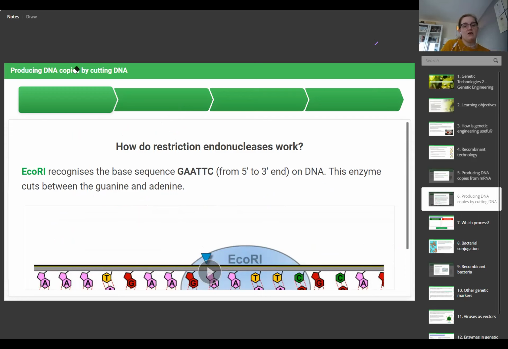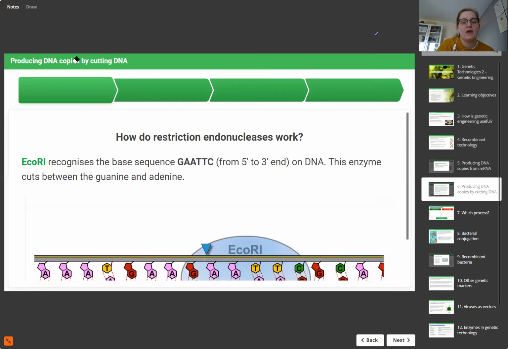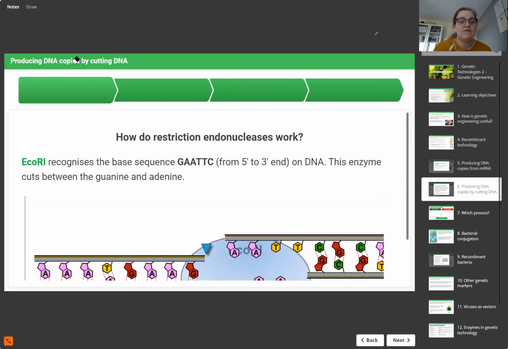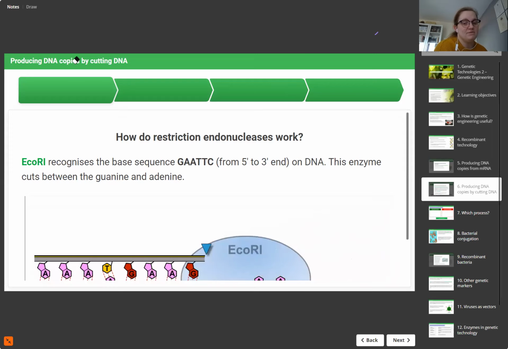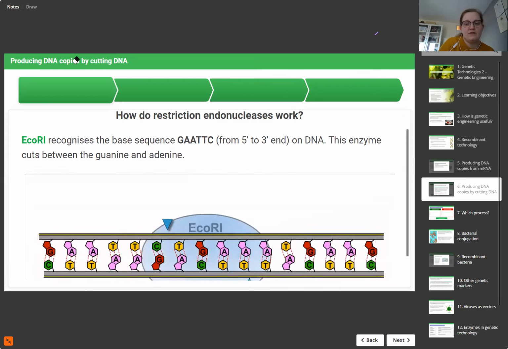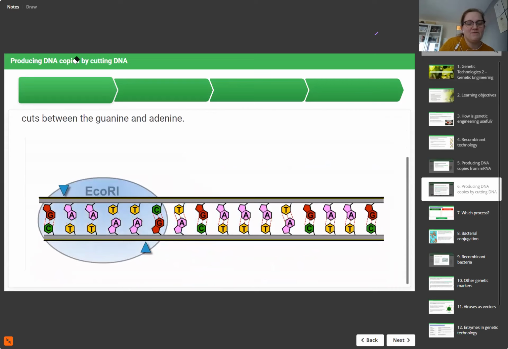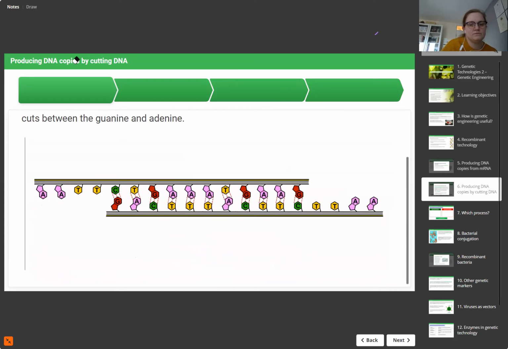So EcoRI recognizes the base sequence GAATTC from the 5' to the 3' end on DNA. This enzyme cuts between the guanine and the adenine. Oh, we haven't been able to see that very well. That would have been better if we'd seen that there. I'm going to replay that if it'll let me.